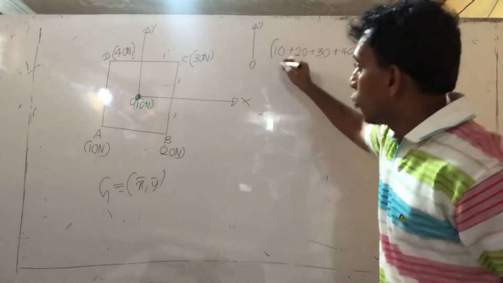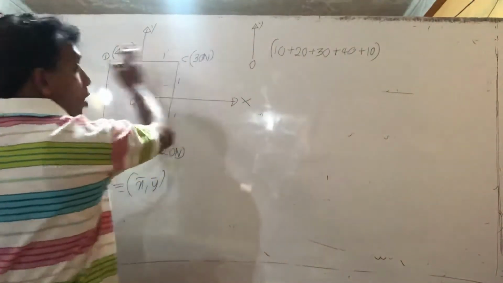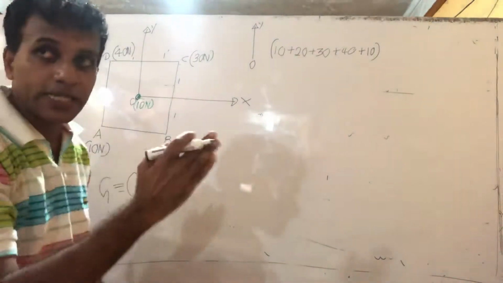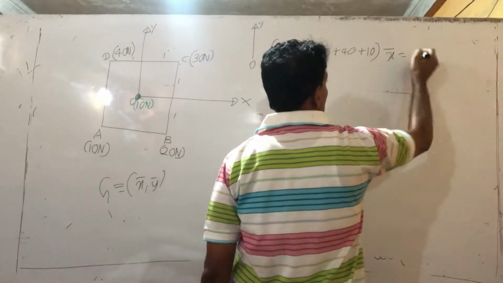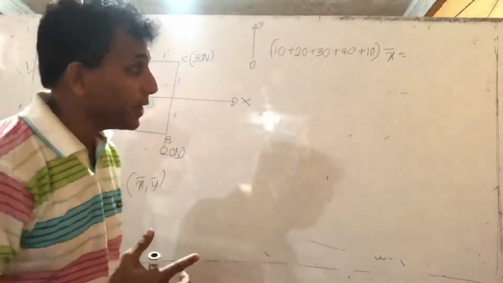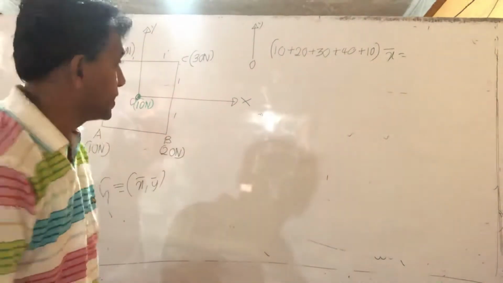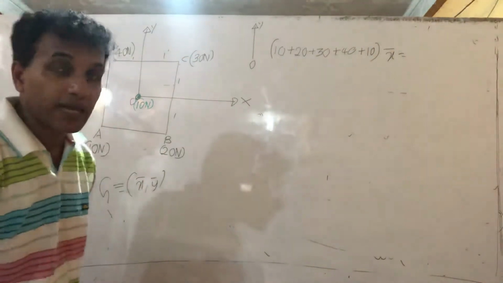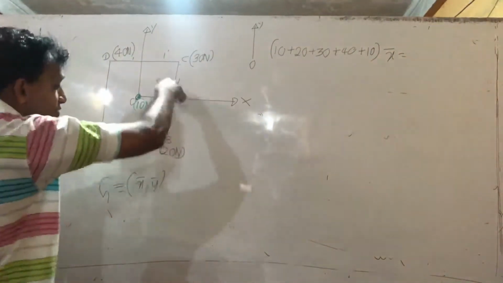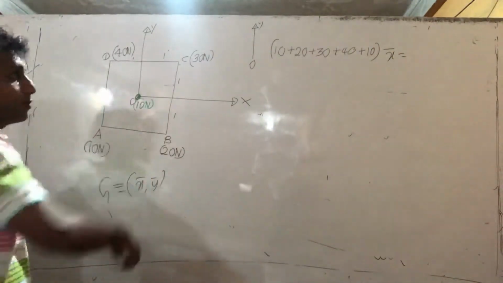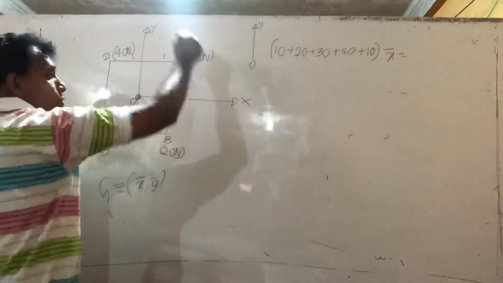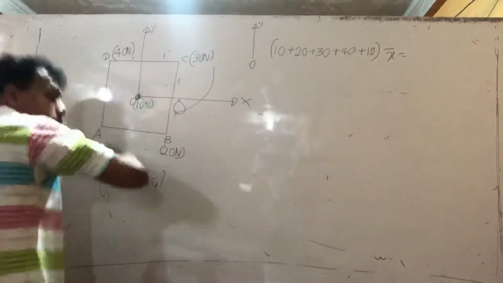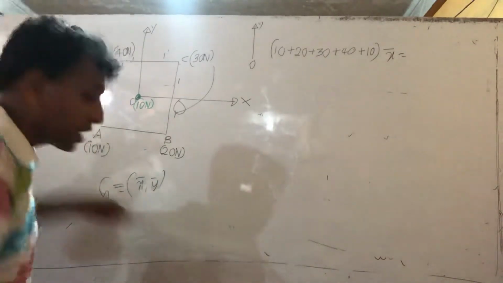So if I take the moment about the y-axis, how far? The distance is x bar, right? Therefore x bar equals what? The algebraic summation of the other moments. So how to find the algebraic summation of this 30, this 20 and 40 and 10. About the y-axis, these two become positive, this direction, right? And these two become negative.